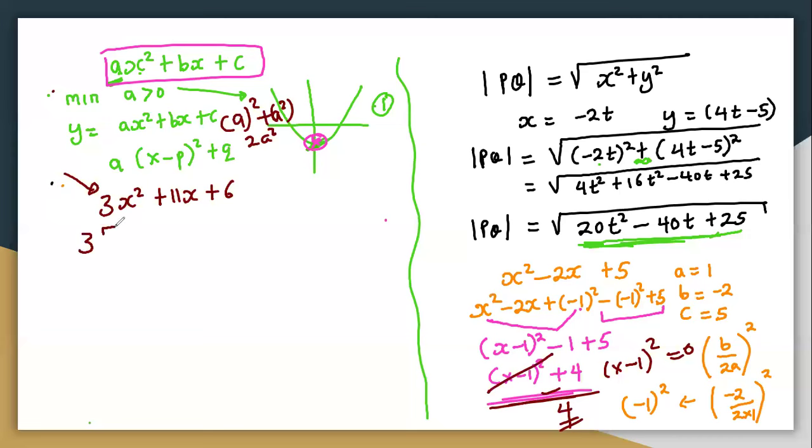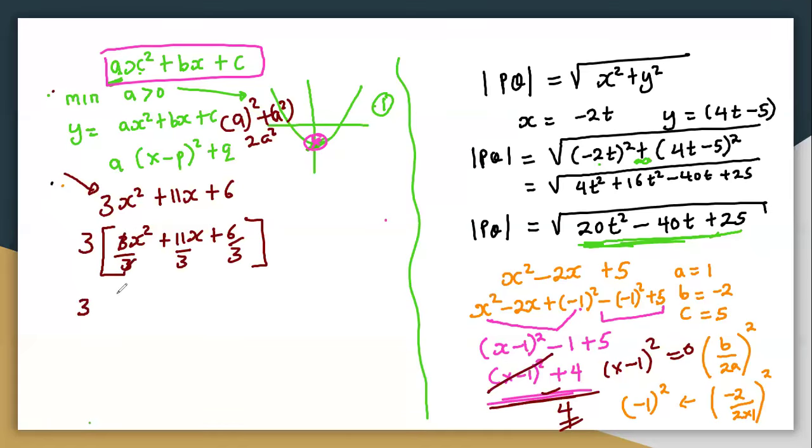Once I factorize it out, every other term is going to be affected. So when I remove it, I have 3x squared out of 3, plus 11x out of 3, plus 6 out of 3. This one and this one can cancel.